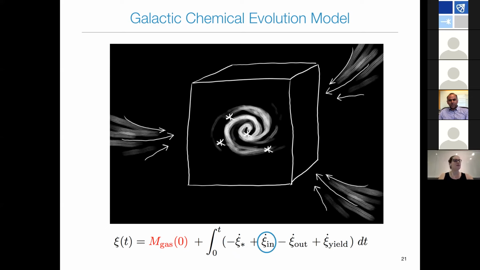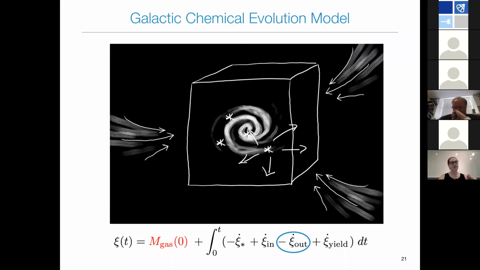We have a primordial gas inflow, and the functional form of the gas infall rate was chosen to match the smooth rise and fall of the metallicity distribution function. We then have gas outflow from supernovae, and gas yield coming from AGB stars and supernovae, and later on I'll consider neutron star mergers.